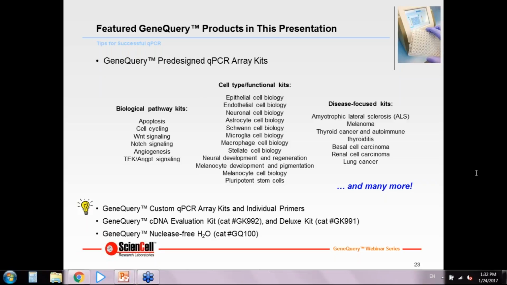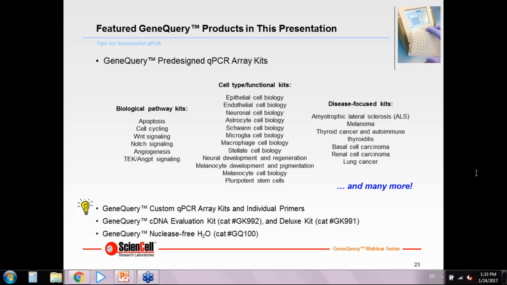So we have a question of, do we have a cDNA cleanup kit? And what cDNA concentration do you recommend for your preset kits? We do not offer a cDNA cleanup kit.